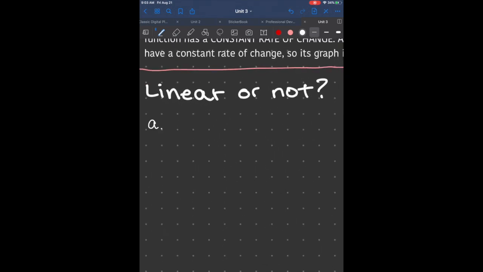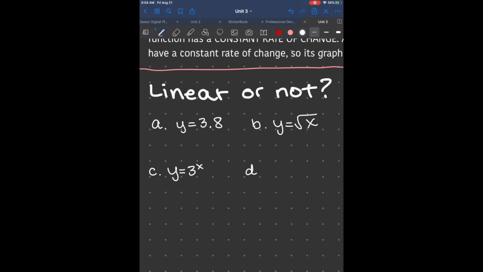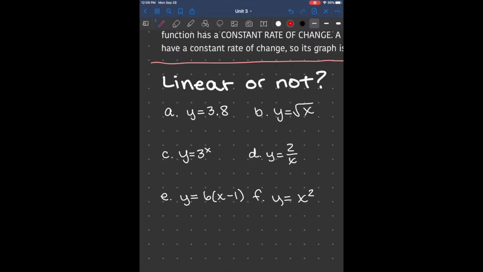So looking at some equations now, so we've got y equals 3.8, y equals the square root of x, y equals 3 to the x power, y equals 2 divided by x, y equals 6 times x minus 1, and y equals x squared. So if you want to find out if something is linear or not, you can use this website called Desmos.com.